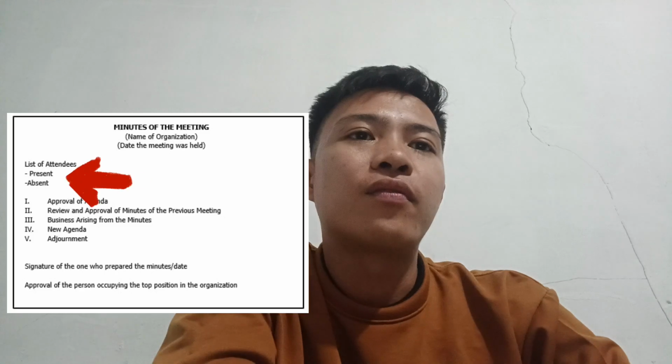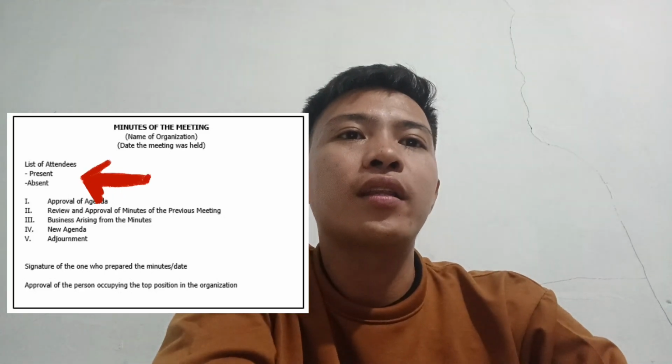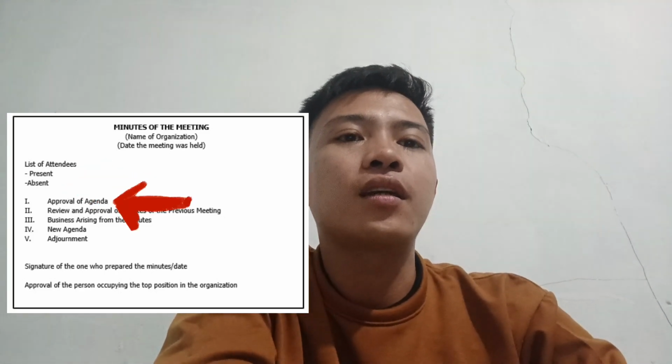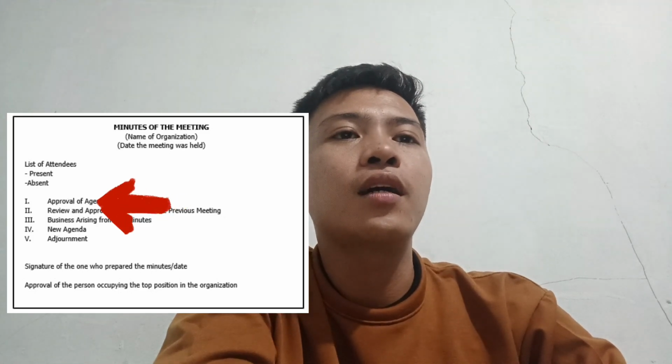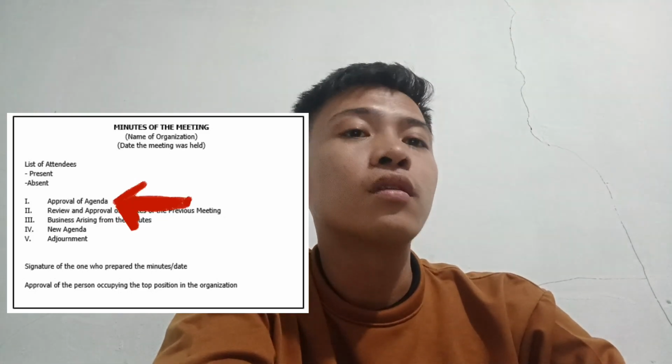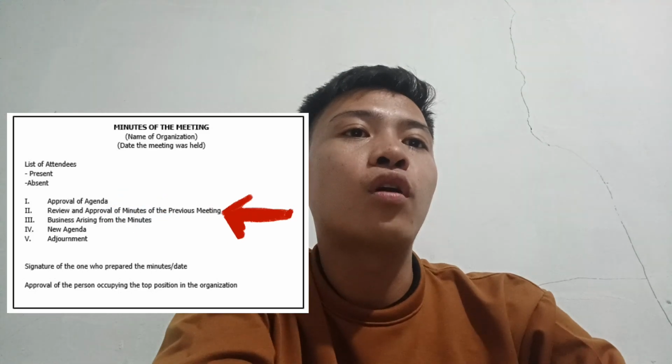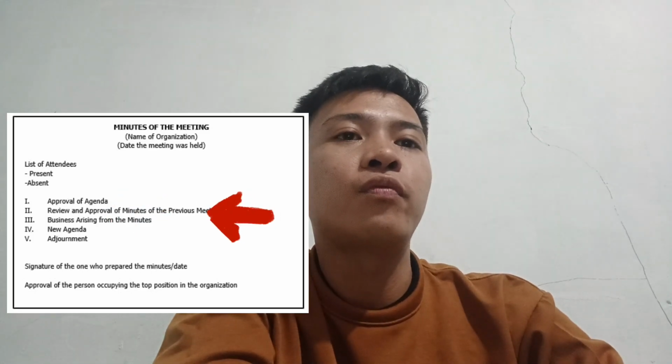Okay, you need to write the approval of the agenda. Who is the presiding officer who approved the agenda? Do you have quorum? And then you need to review or approve the minutes of the meeting previously.